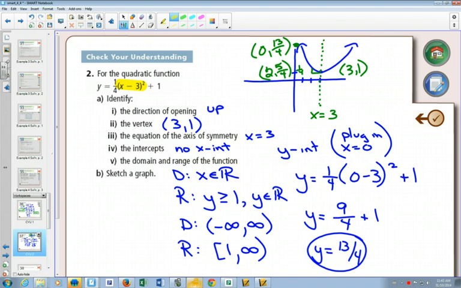So how would I get a 2 squared? X would have to be 5. 5 minus 3 would give me 2. 2 squared would be 4. Times by 1/4 would just give me 1. And 1 plus 1 would be 2. That's a nice point. 5, 2. So sometimes you can just look at your equation and find another point with nice values to graph as well, especially if you have graph paper.